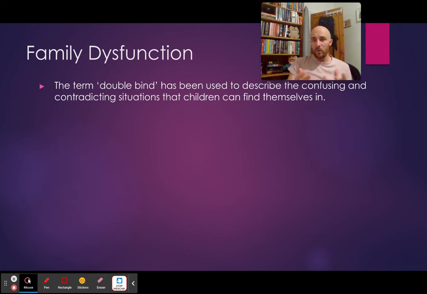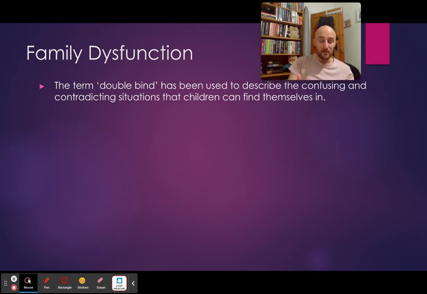For example, one parent telling the kid they're doing well in school, but the other parent saying, oh no, you're doing pretty badly at school. That's confusing for a child.